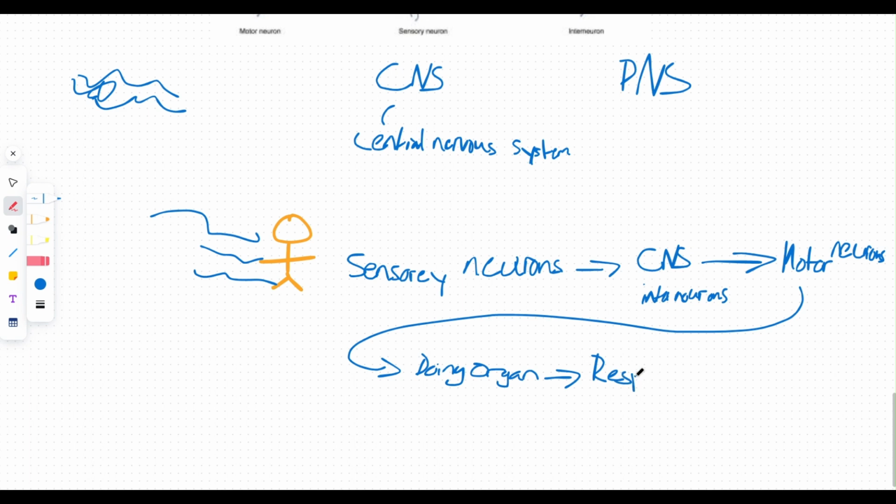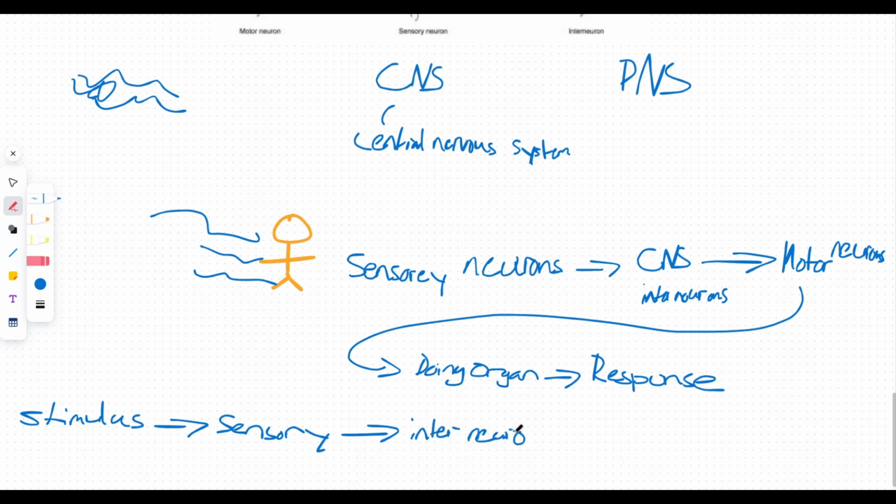So what happens, right? You have a stimulus, your sensory neurons, then interneurons or CNS, then motor neurons, and then response.